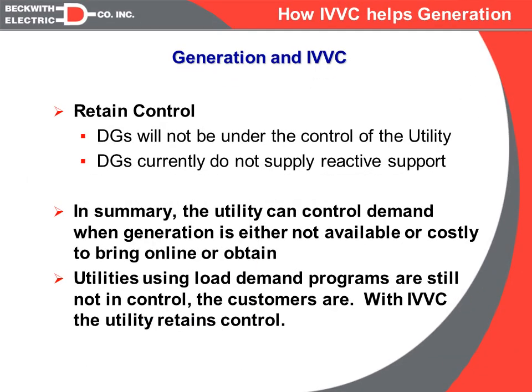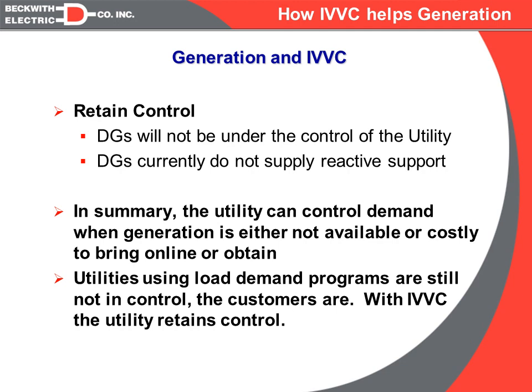So, in summary, for generation, it is good to be able to control the load to work around your units. So we don't want to have a high system peak that's going to require additional reserve capacity.